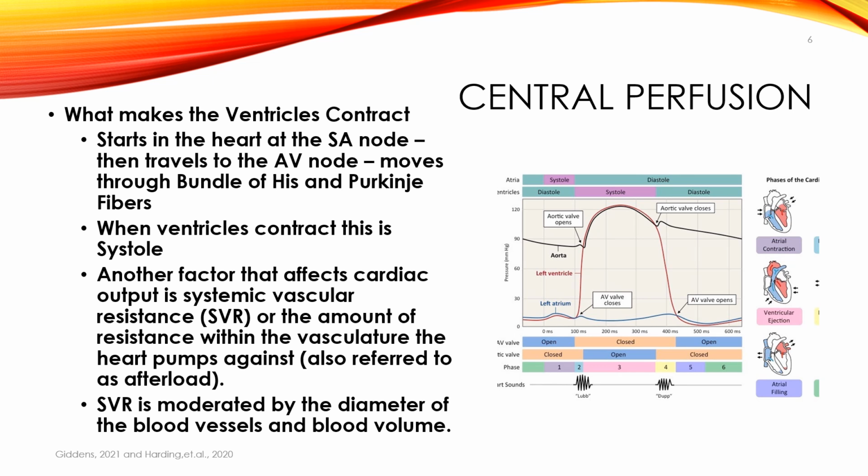And so think about things that would cause a higher resistance. So if our patient has a lot of plaque inside those arteries, that plaque builds up. That creates a higher systemic vascular resistance because the blood doesn't have as much of a diameter to flow through, to be pumped through.